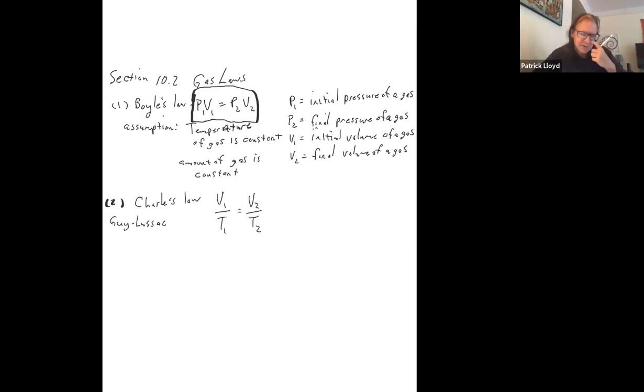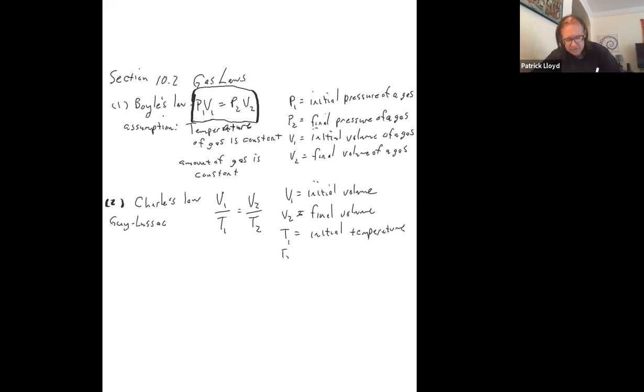I'm going to define these. V1, initial volume of the gas. V2, final volume of the gas. T1, initial temperature. T2, final temperature.